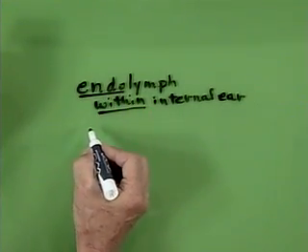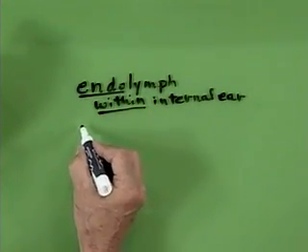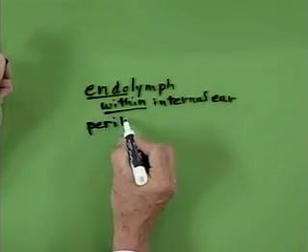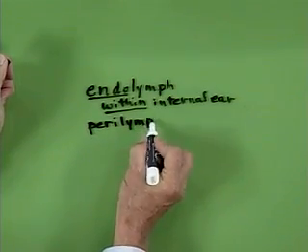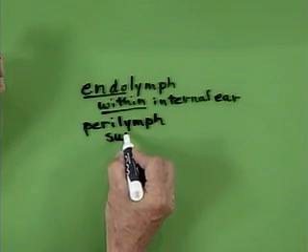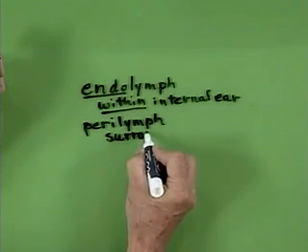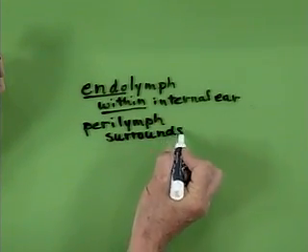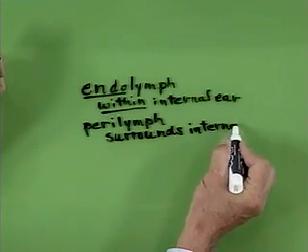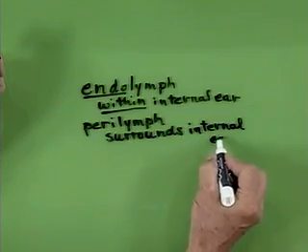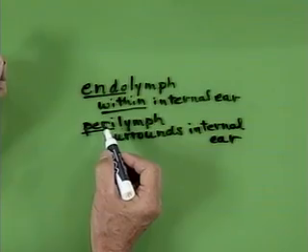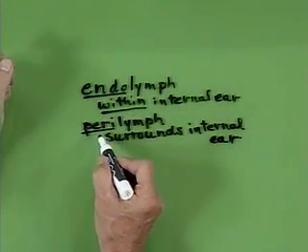And the fluid that surrounds the internal ear structures is called perilymph, P-E-R-I-L-Y-M-P-H. P-E-R-I means around, within and around, if that helps.